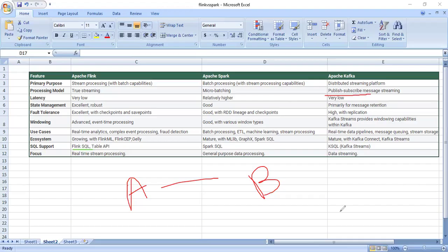It gives very high throughput and very low latency when it comes to delivering data between the sources and the sinks.